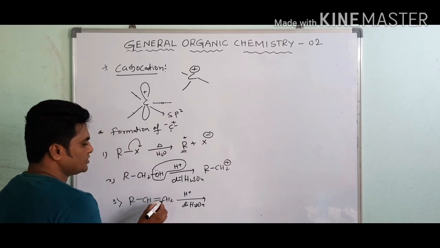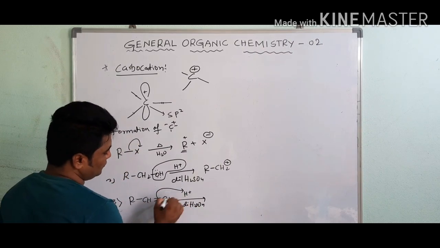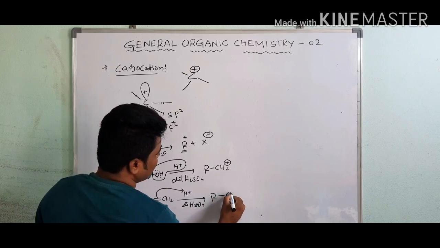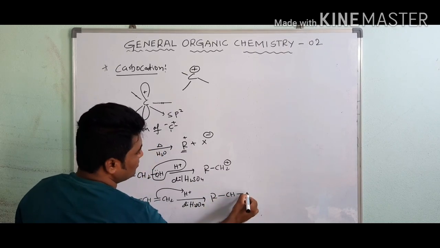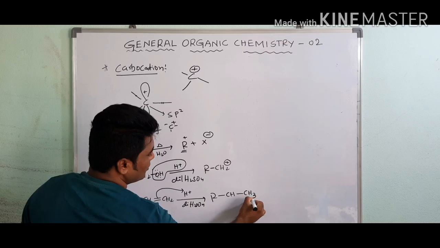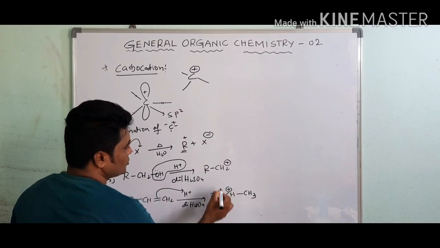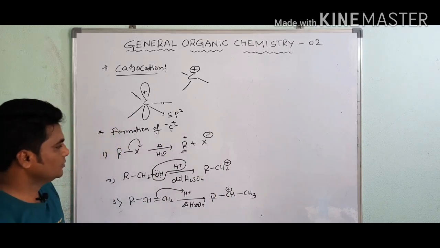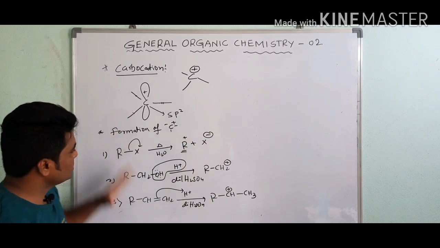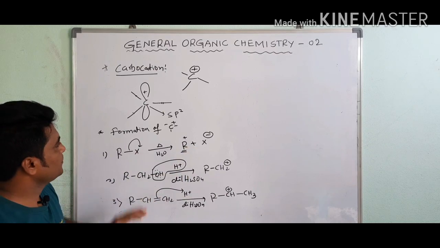The pi electron is loosely bonded, so this pi electron accepts this proton. Now you will get CH, and this CH to become CH3 will take the proton, so this carbon gets a positive charge. So these are the 3 formations of carbocation, but the detailed study we will discuss in a further video.